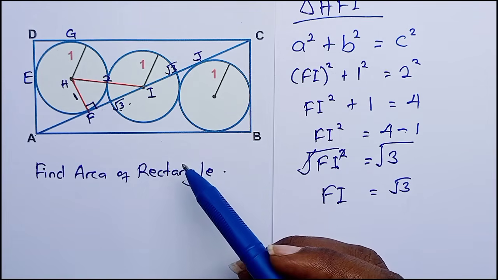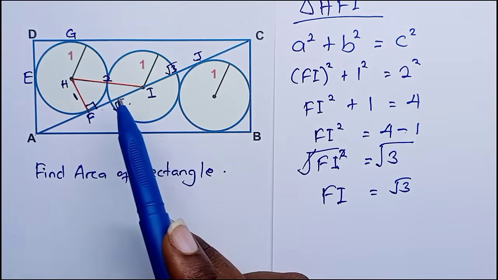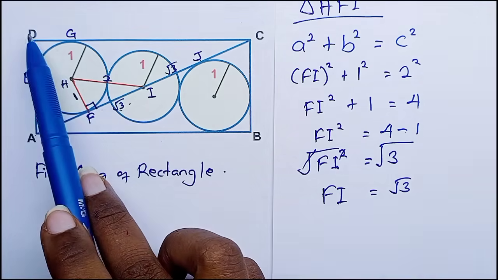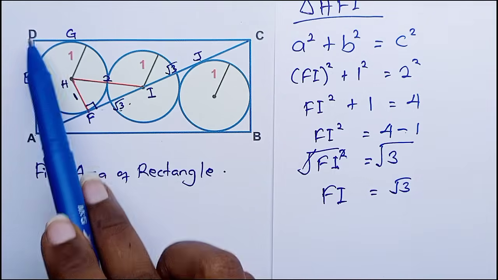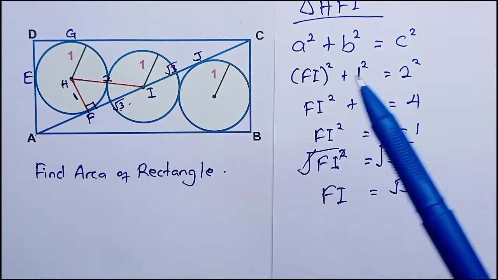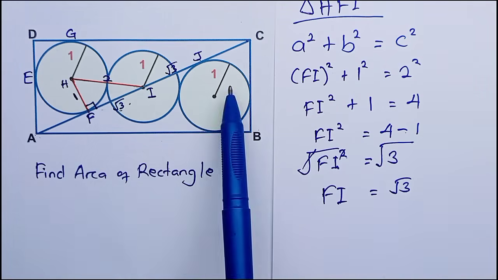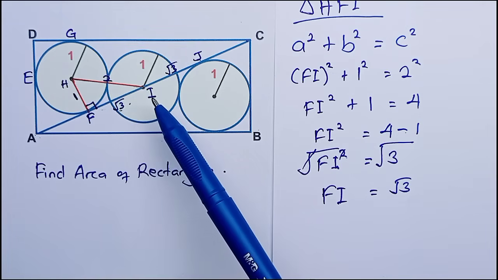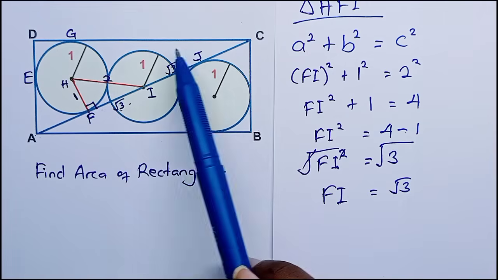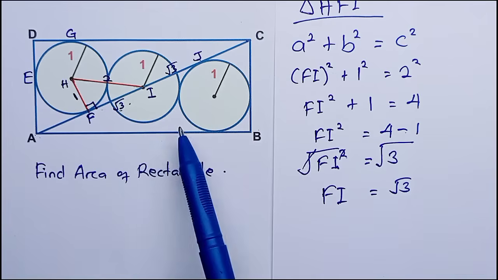Due to the definition of a rectangle, the two opposite sides are equal and all the internal angles are 90 degrees. So this triangle DAC is congruent to triangle BCA. And also, these three circles are congruent and identically placed within these two triangles, this one and this one here.